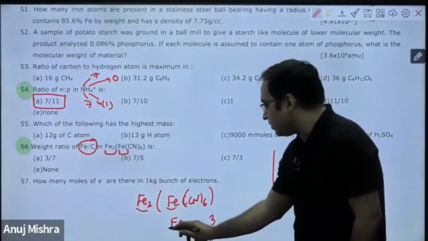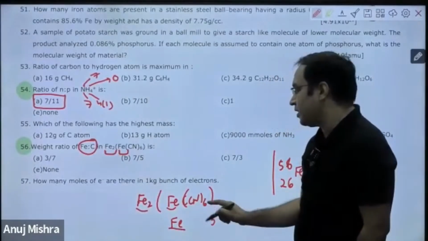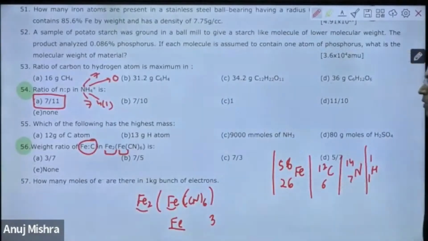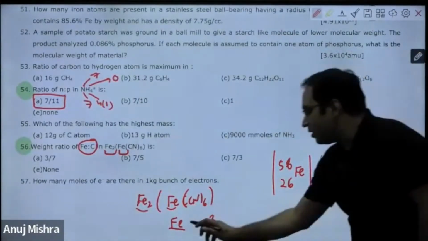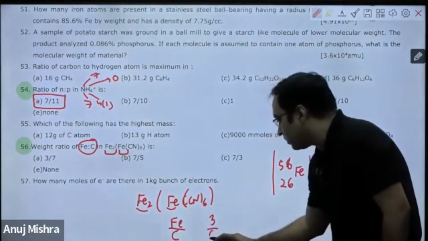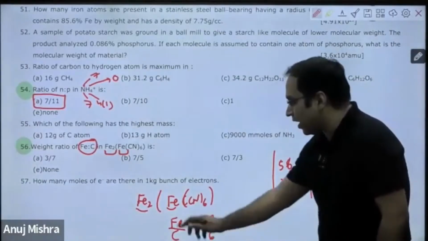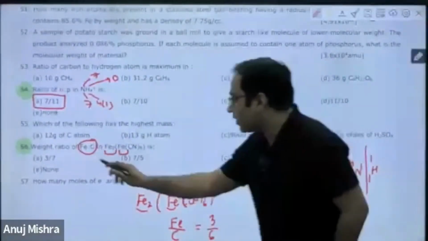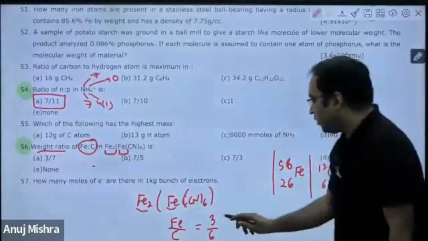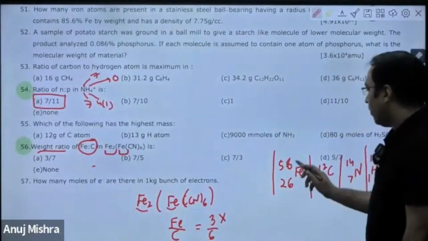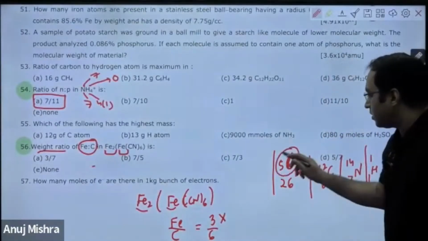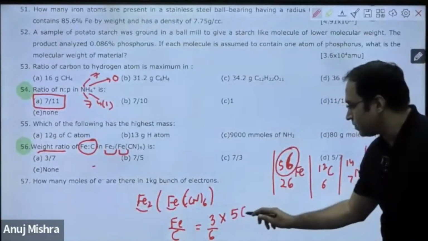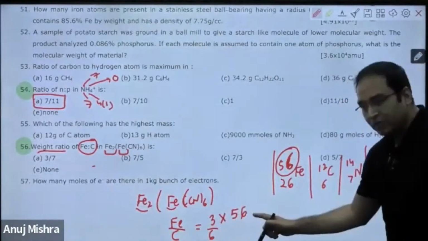Count carbon, please. 6 carbon. Okay. 6 carbon, 6 nitrogen. Yes or no? Okay. So carbon is how many moles? 6 moles. This value is the molar ratio. What is the question? Weight ratio. So you have to multiply this with what is iron's atomic mass? 56. इतने moles है, इतना mass हो जाएगा.